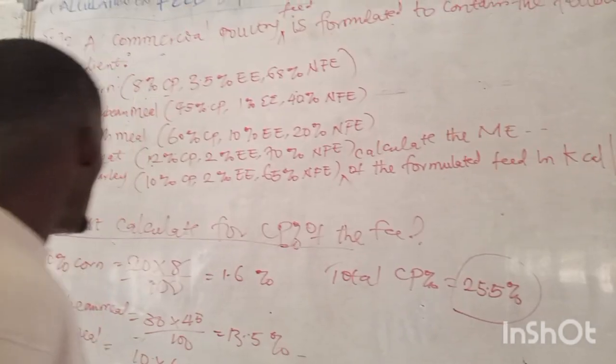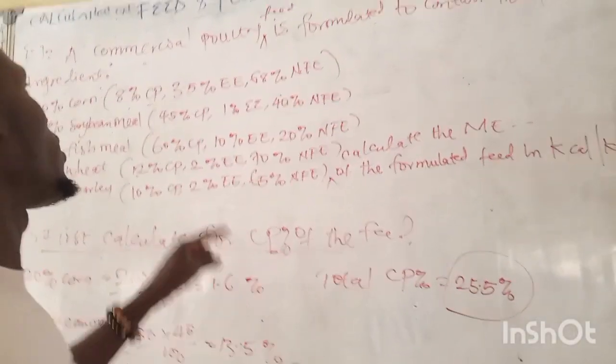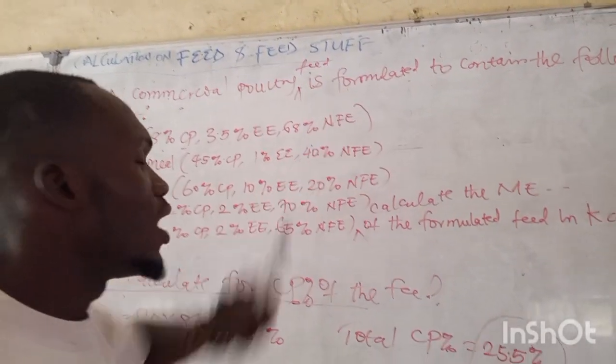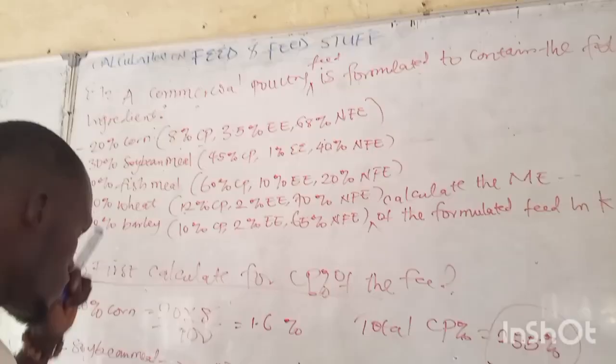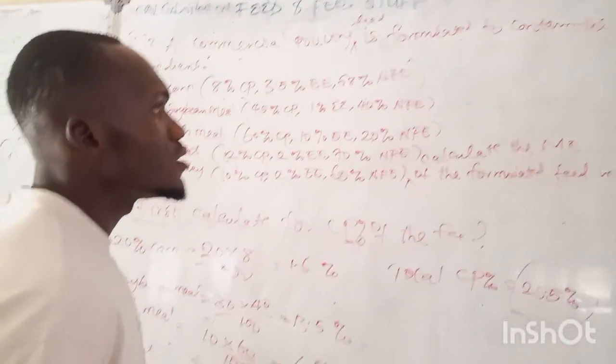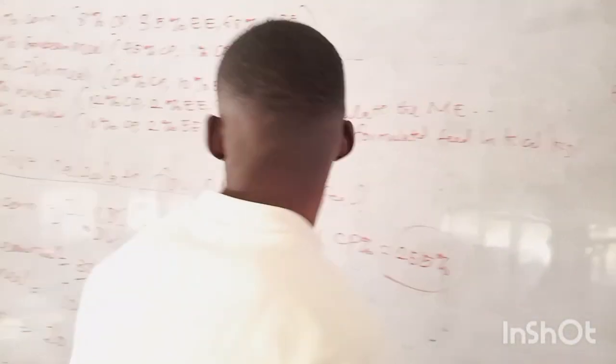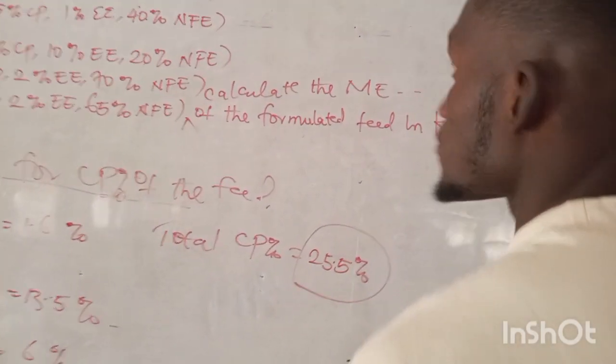The same way we generate this CP is the same way we are going to generate the EE and the NFE. So, please, I'm going to clean the board so that we can do that. Or let me do it somewhere here. Good.